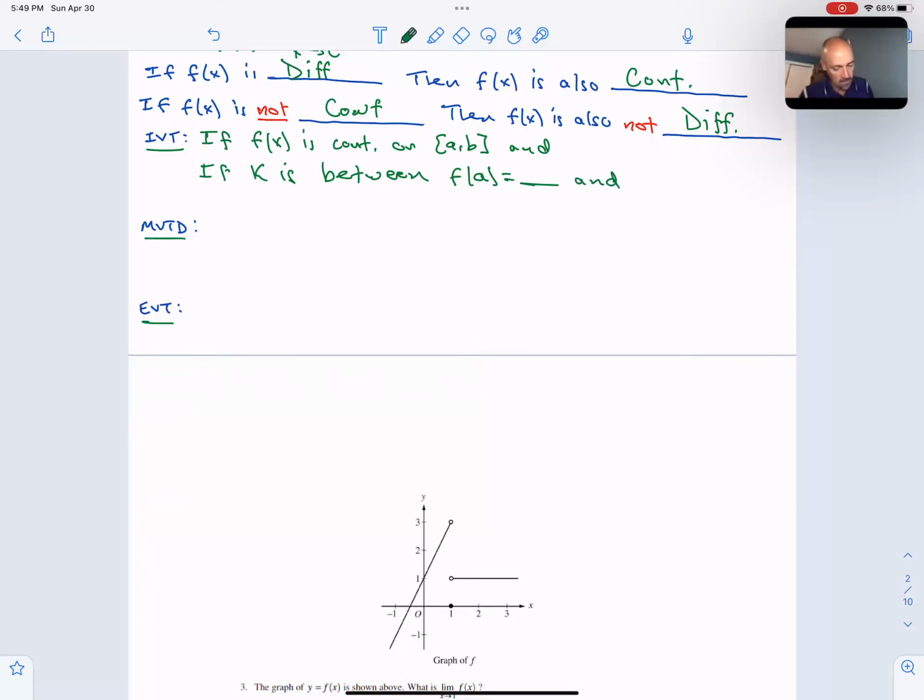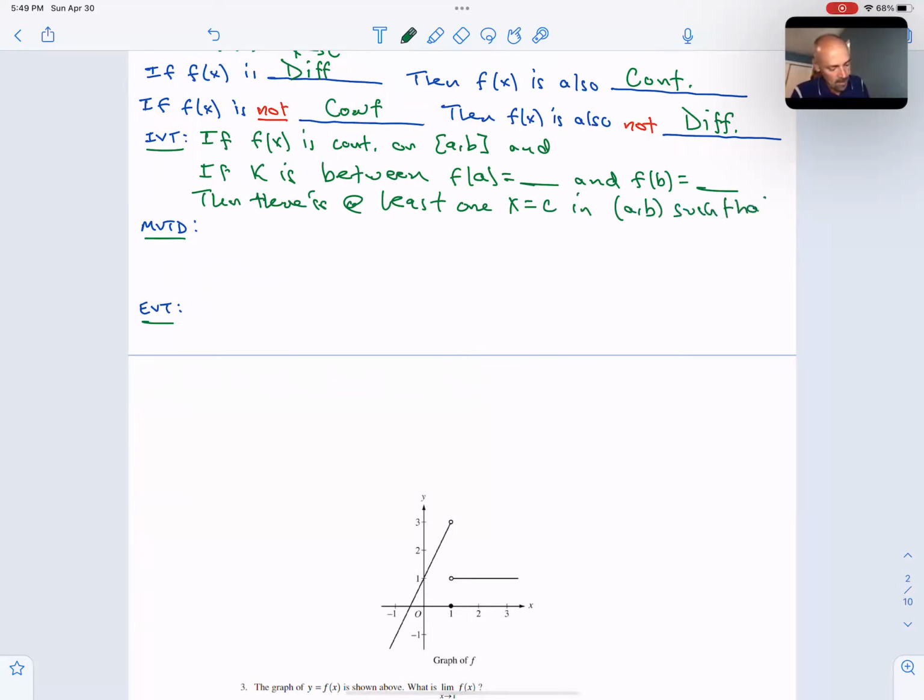Remind myself that if this is part of an FRQ, I need to show the value of f at a and f at b. So if k is between those two, the y values really at our endpoints, then by the IVT, we can conclude there is at least one, maybe a boatload, but at least one specific x value c in the open interval a to b, such that f at c is equal to k.